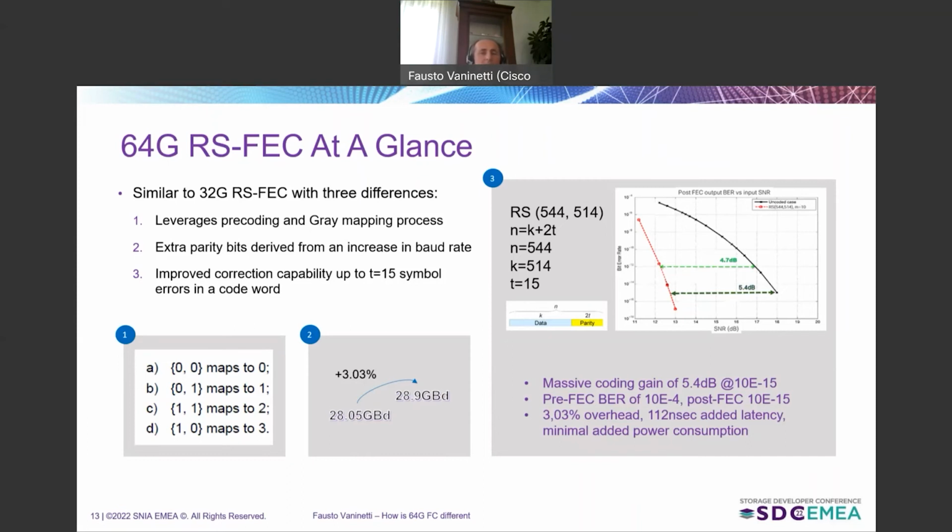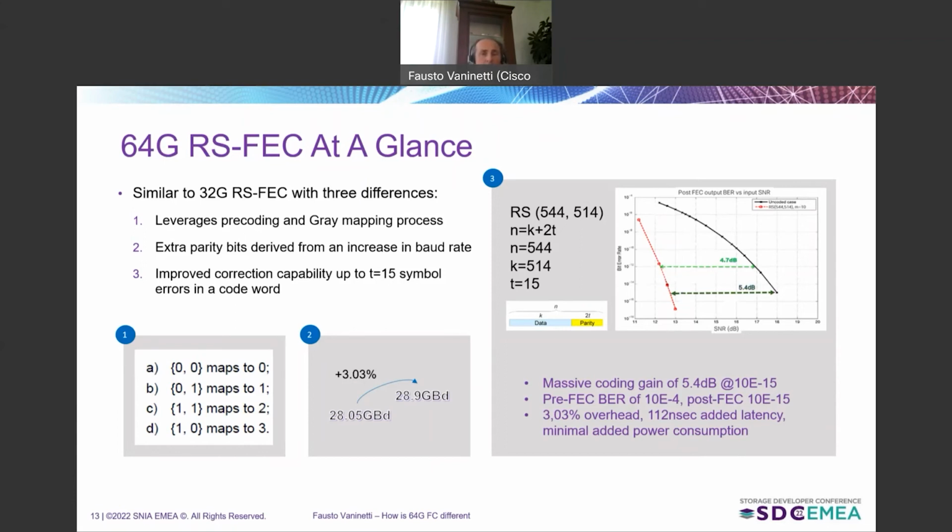Now, the coding gain from this implementation of forward error correction is significant. We can achieve 5.4 dB of improvement in the signal to noise ratio. As you understand, by moving to PAM4, we have a decrease in the optical signal to noise ratio. But by using forward error correction, we are going to recover that difference.